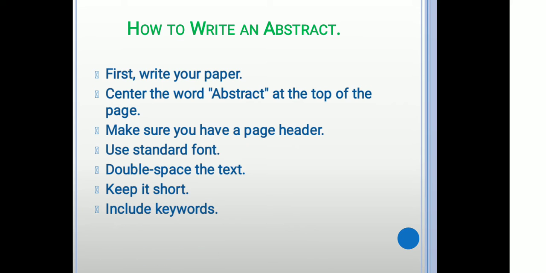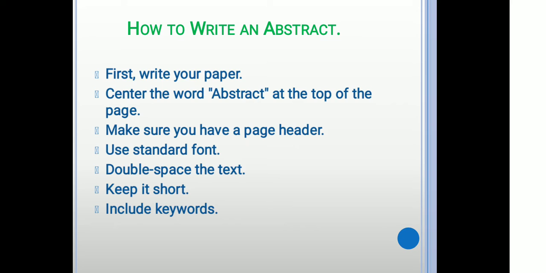Include keywords below the abstract text. If requested, please place a list of keywords on your abstract page on the line immediately following the actual text of your abstract. Indent as though starting a new paragraph.